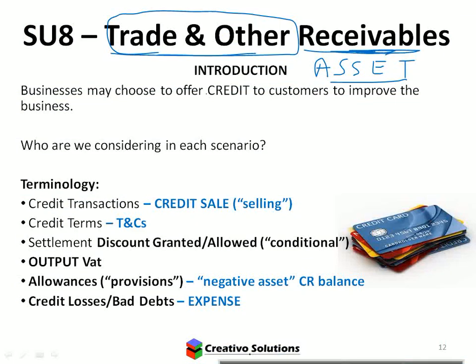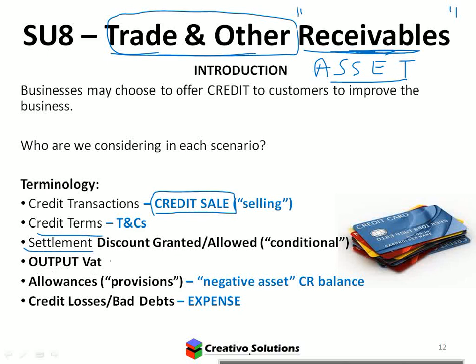Everything that we're looking at here is a receivable, meaning it is an asset. Credit transactions. When we have a credit sale, is there something that's receivable? Yes. What is receivable? The sale, the outstanding balance, exactly. Credit terms. T's and C's apply. Settlement discounts allowed. Output VAT.